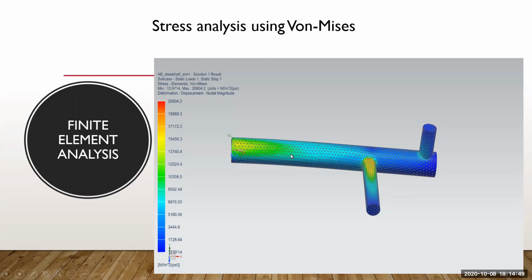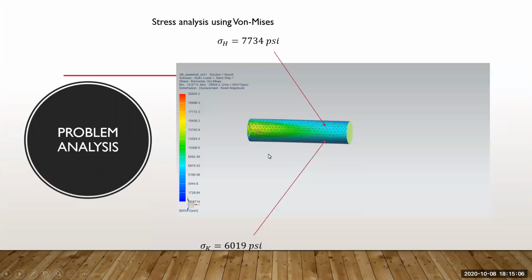And the colors indicate the values of the stresses at different points. And in this case, we're going to be analyzing the stresses of point H, which is on top, and on the side, point K. And right here, we have the values of the stresses, again, at point H and K.